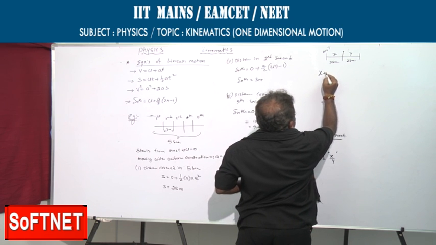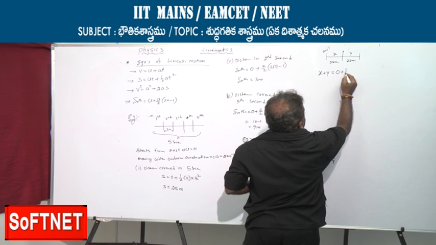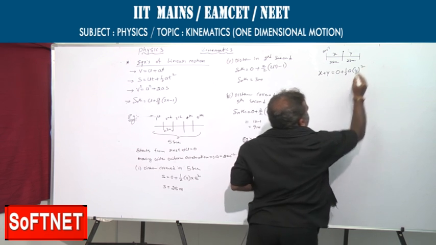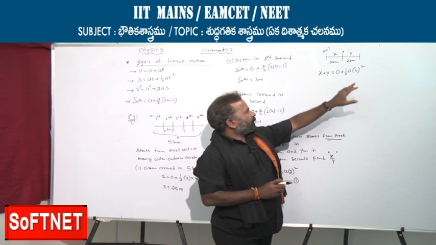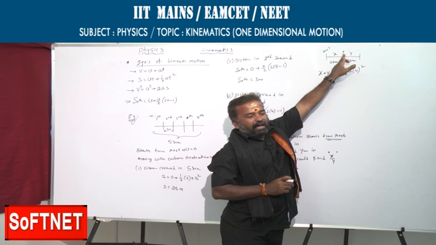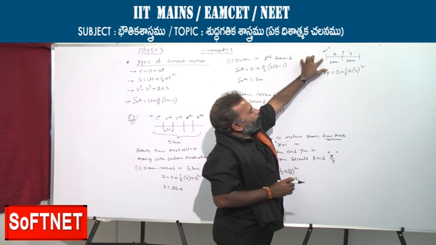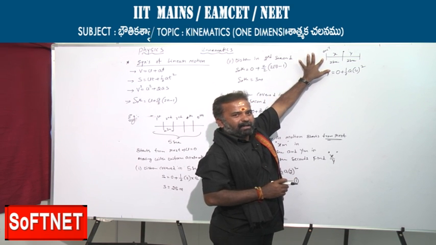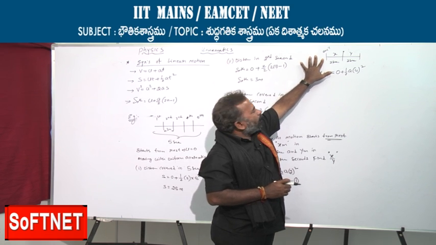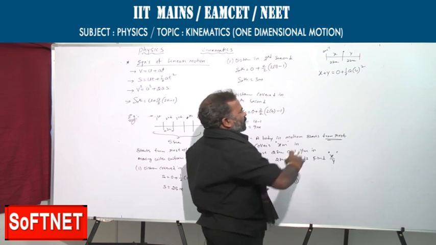So total distance will become x plus y. Initial velocity is 0 plus half a t square. Now you should take total time. Total time is how much? 2 plus 2 seconds, 4. Because after 2 seconds it will get some velocity here and you don't know what is the velocity here. That is the reason again we should take from beginning, initial point where it starts. The point it starts, its initial velocity is 0 and total time of journey is 4 seconds. Therefore, x plus y is equal to half a t square.